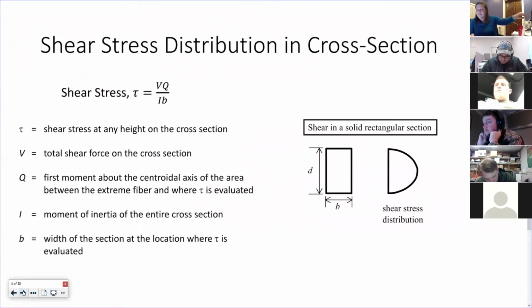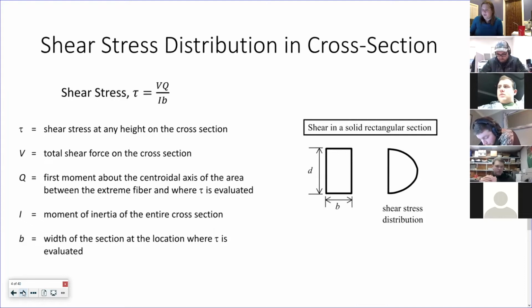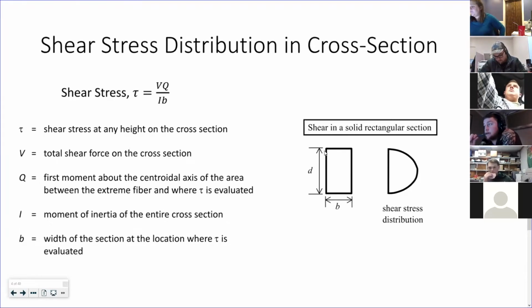So this is also talking about the shear stress distribution across a cross section. I don't know if you guys talked about shear flow or anything in mechanics, but if this is my rectangular beam, the shear stress is distributed kind of parabolically, and the peak is at the center.